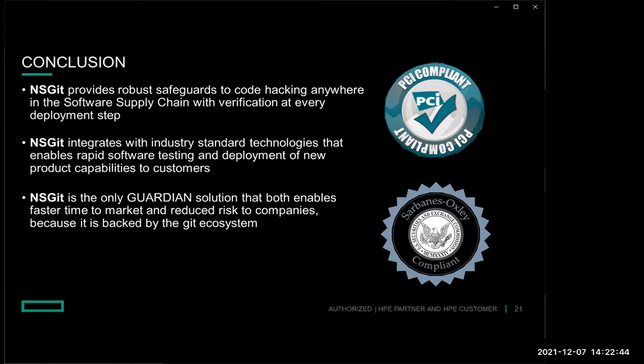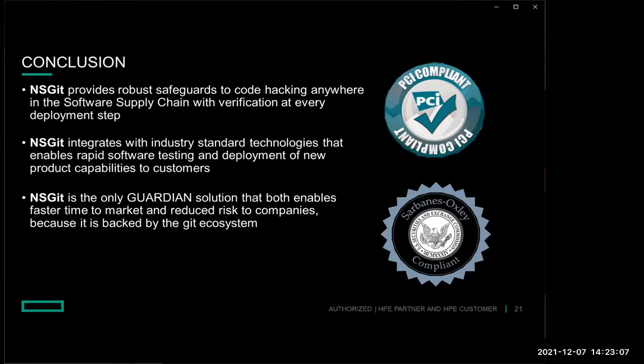What we're doing here is putting in safeguards throughout our supply chain and making sure that every step along the way is as verifiable as possible. We're using standard technologies now. Git is a standard. It is the gold standard for both managing code and moving code.